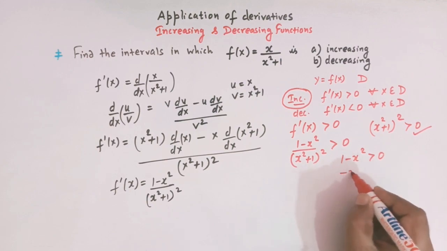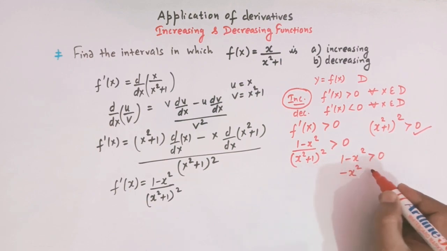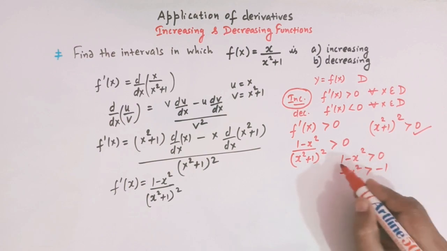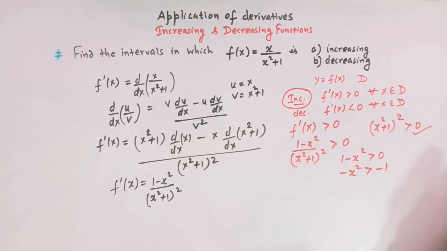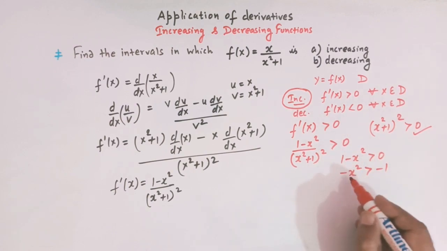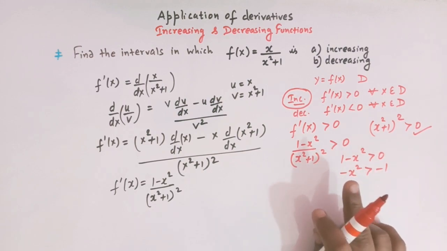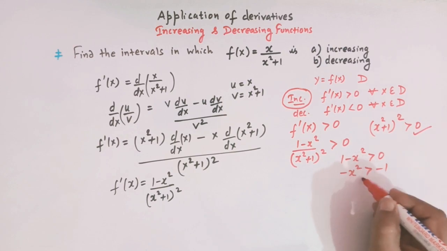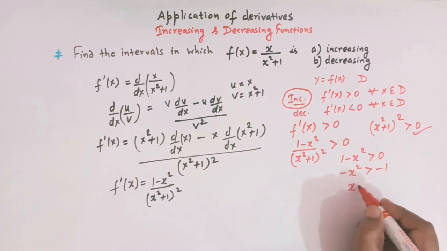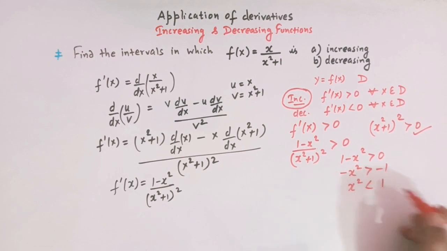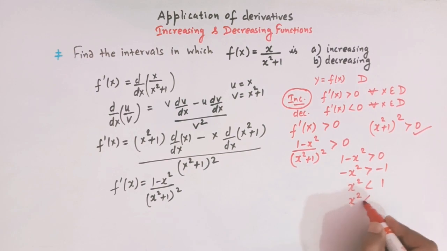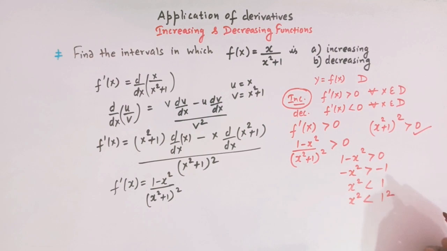We can write this inequality as minus x square greater than minus 1. We can take this 1 to the right hand side, and if we multiply both sides by the negative sign, then the direction of the inequality gets reversed. So now we have x square is less than 1, right? Okay, so now we can write this inequality as x square less than 1 square.